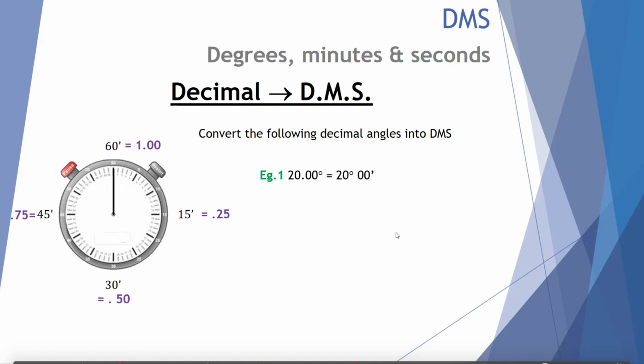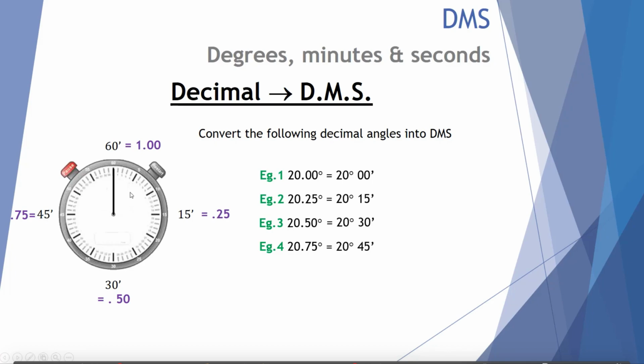There's no leftover parts, it's exactly 20. 20.25 degrees, that would be 20 degrees and 0.25 is a quarter of a full degree, so that would be 15 minutes from off the clock. 20.5 degrees, that would be 20 degrees because the degrees doesn't change, and the 0.5 of a degree becomes 30 minutes. It's half of the full 60. Example 4, 20.75. 0.75 is 3/4 way around, and that's represented by 45 minutes. So 20 degrees and 45 minutes.